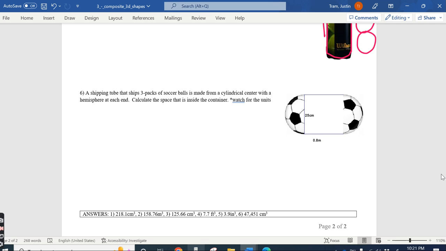Okay. So 3 soccer balls fit in here. So 1, no, that's obviously a bad image. 2, 3. Okay, so that's the idea anyway. Calculate the space that is inside the container. And pay attention to the units.